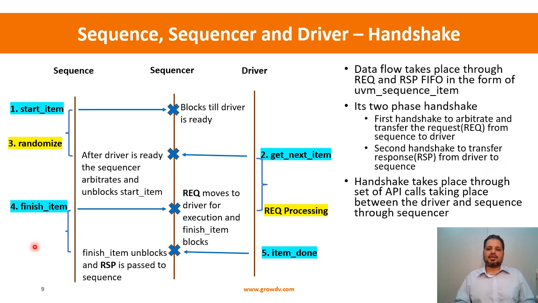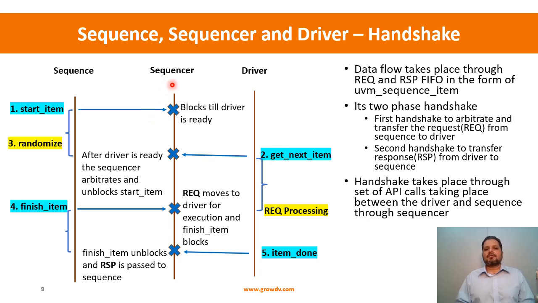The handshake takes place through a set of API calls between the driver and sequence, which happens via the sequencer. We had looked at this bunch of API calls, but now we will see how they can be utilized.